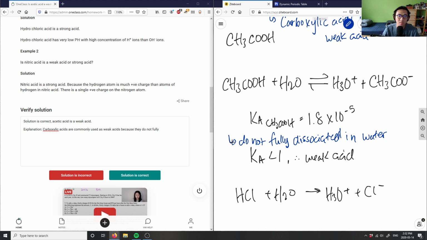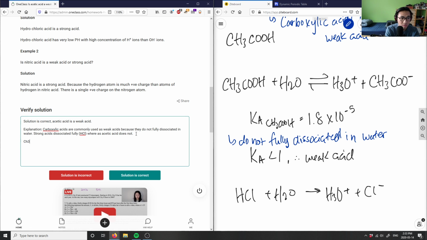In water, strong acids like HCl dissociate fully, whereas acetic acid does not.